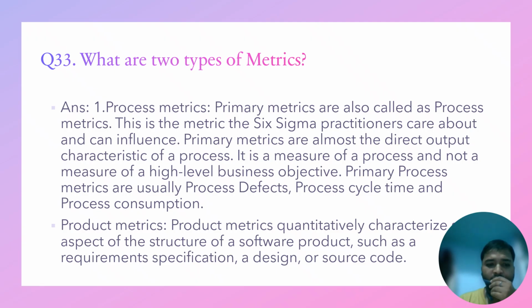Primary process metrics are usually process defects, process cycle time, and process consumption. Product metrics quantitatively characterize aspects of the structure of the software products such as the requirement specification, the design, or source code.